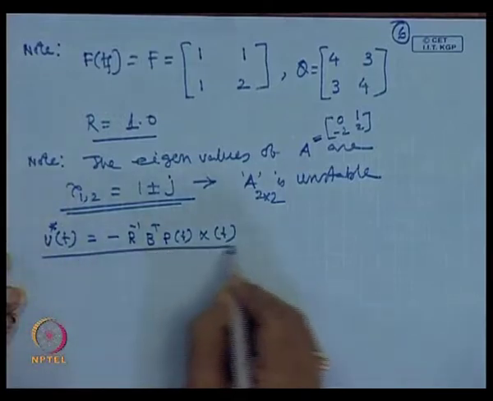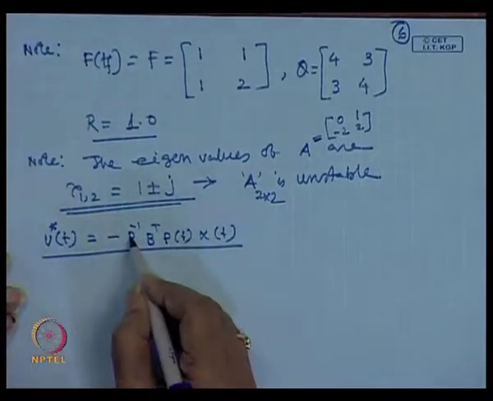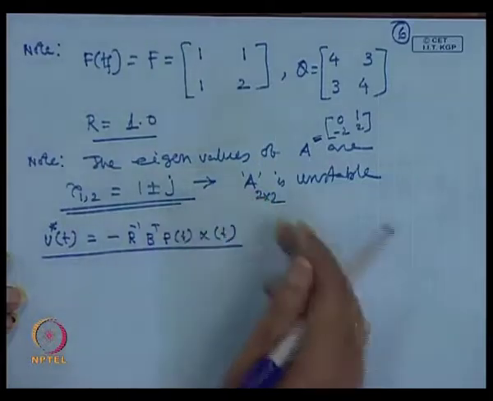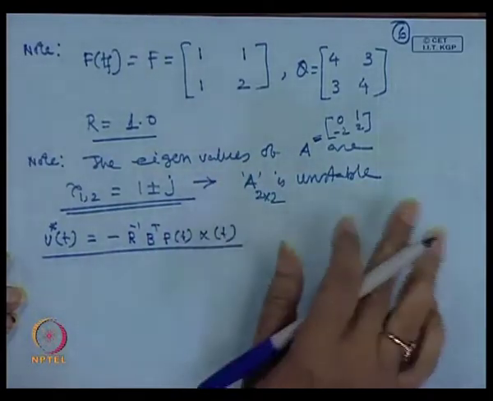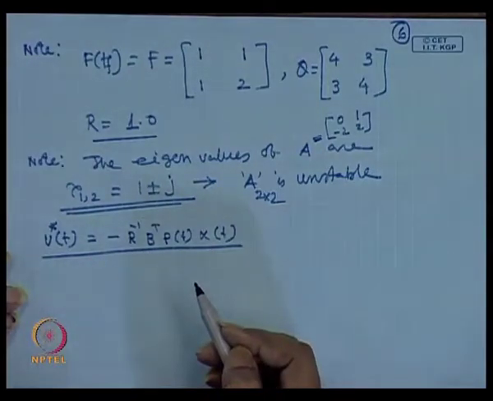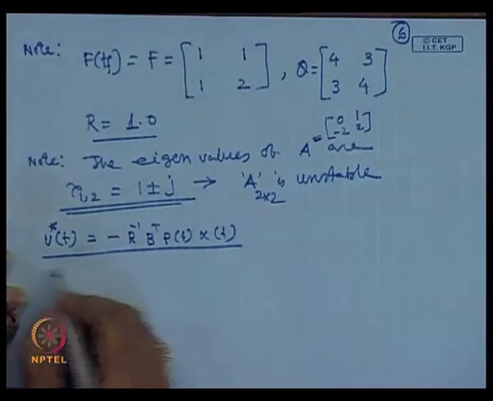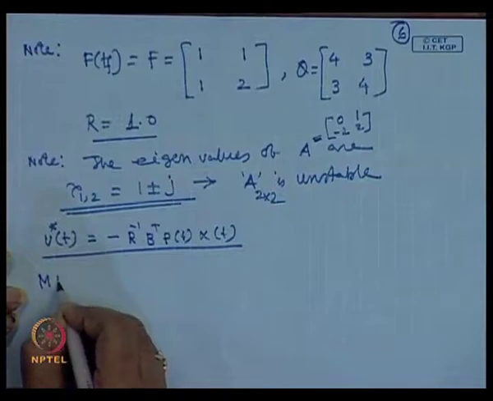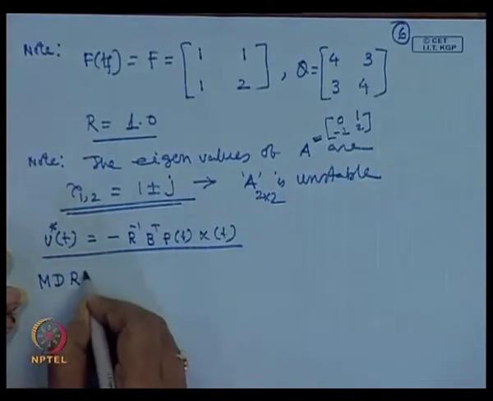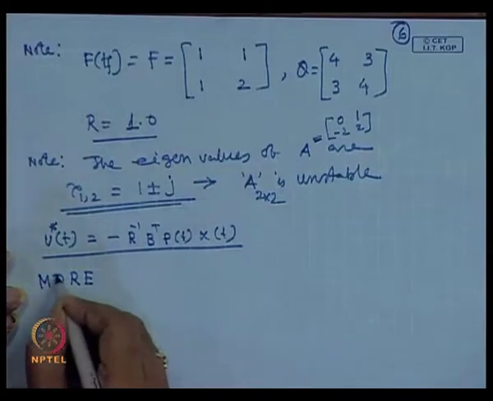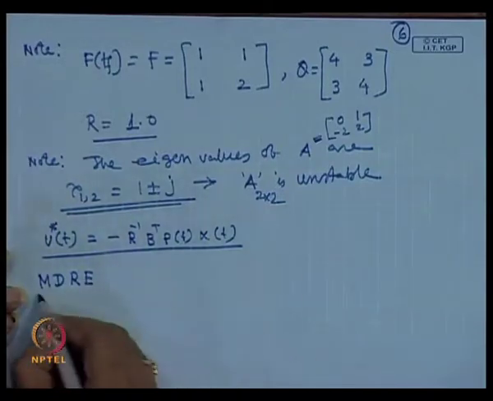This is our control law, and we know R, we know B, and the state you can find by simulating the system, or from the system you can get the information of x of t. So, now how to find P? By solving the matrix dynamic Riccati equation. You just write it, dynamic matrix Riccati equation.